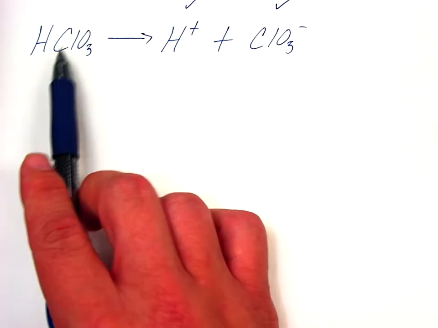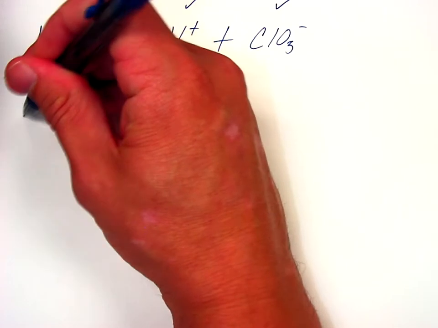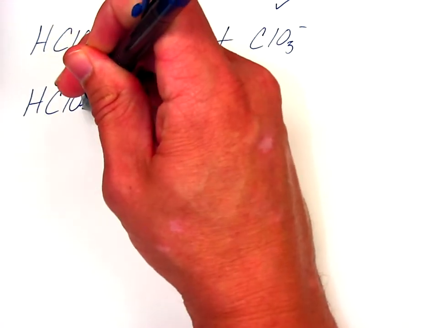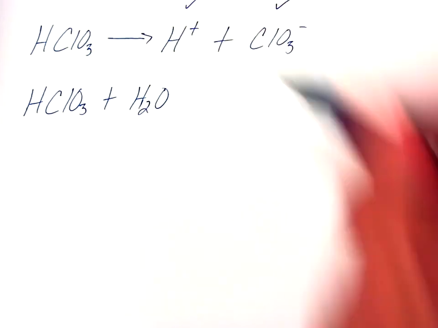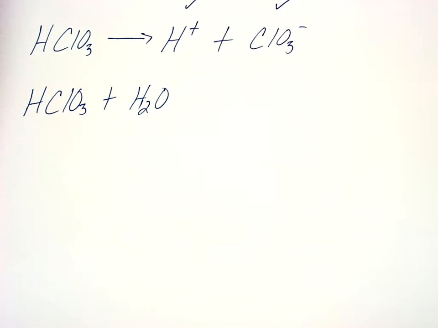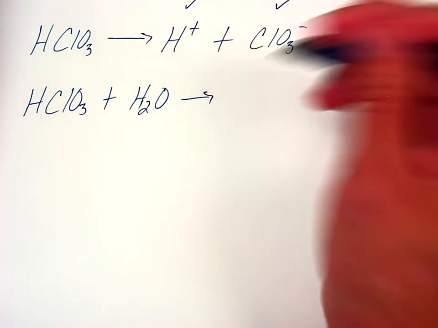However, since we are dealing with an acid, and here's where this question gets tricky, if you write it specifically with water instead of just as a normal dissociation, it becomes a different type of problem.